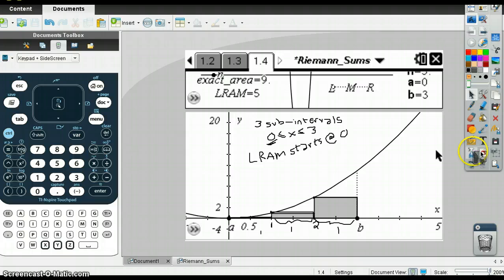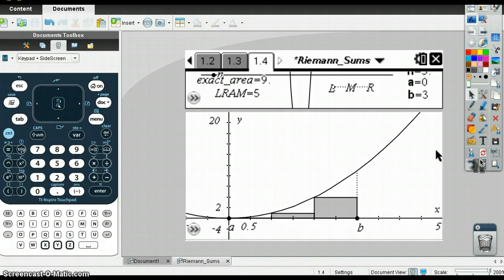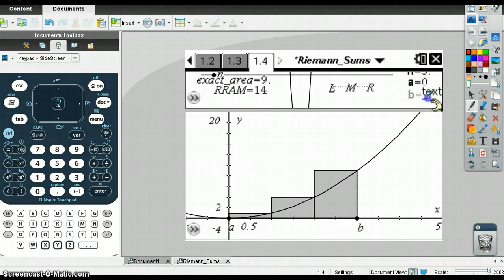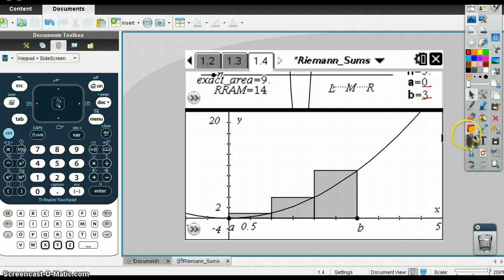Alright, let's clear that. Okay, so I'm going to move this over to the right hand. Notice these rectangles are now over approximated. Well, because now my interval was from 0 to 3. If I want a right hand approximation, I'm going to start on the right.